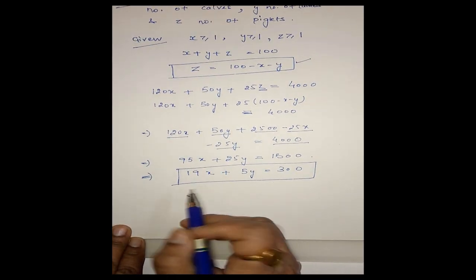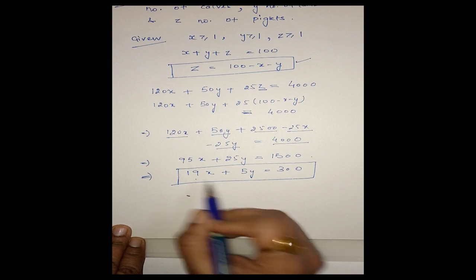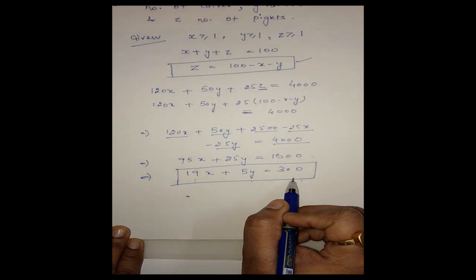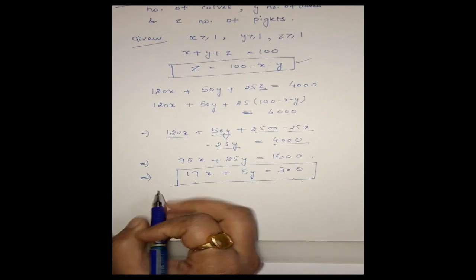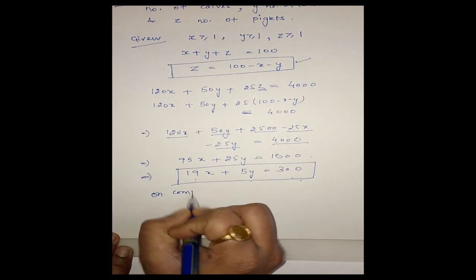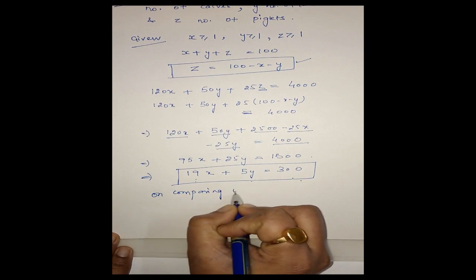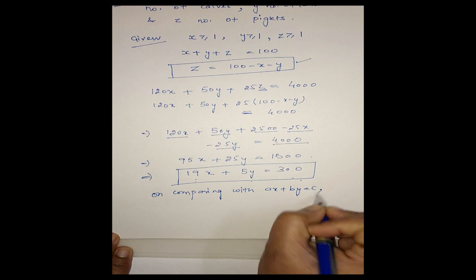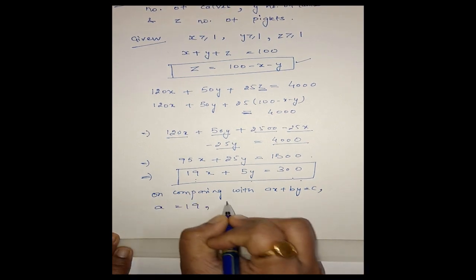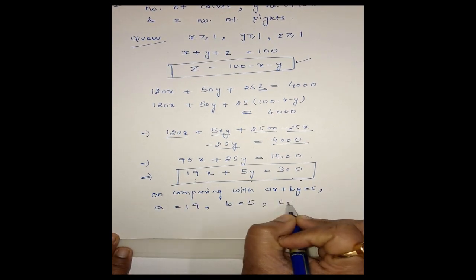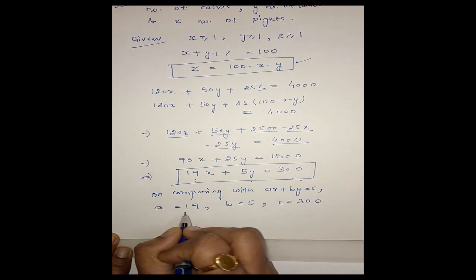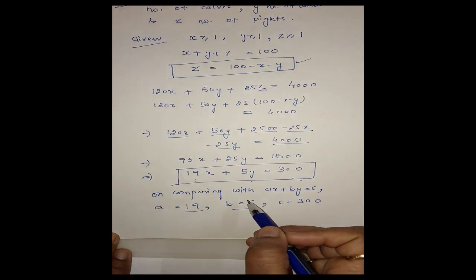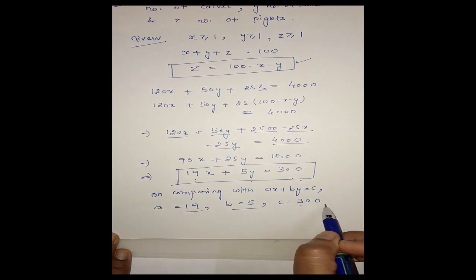Now we will solve this equation, and clearly this is a linear Diophantine equation. This is of the form ax plus by is equal to c. Now we can easily find the solution of this equation. On comparing with ax plus by is equal to c, we have a is equal to 19, b is equal to 5, and c is equal to 300. Now the GCD of 19 and 5 is clearly 1, and 1 divides 300.